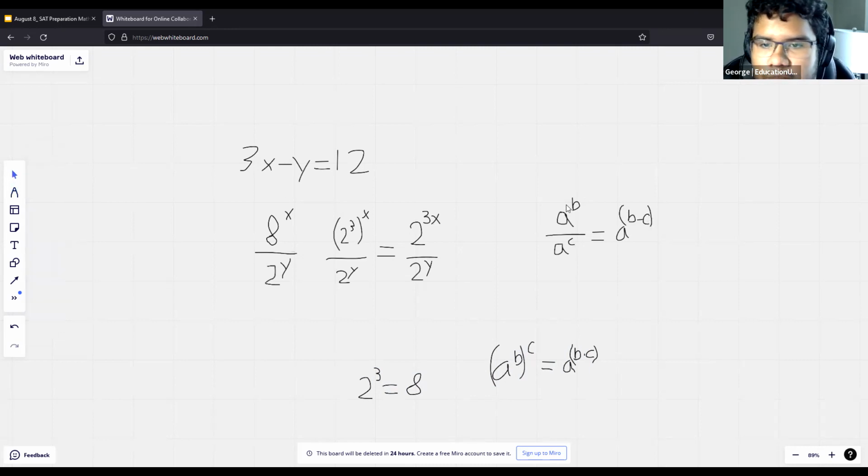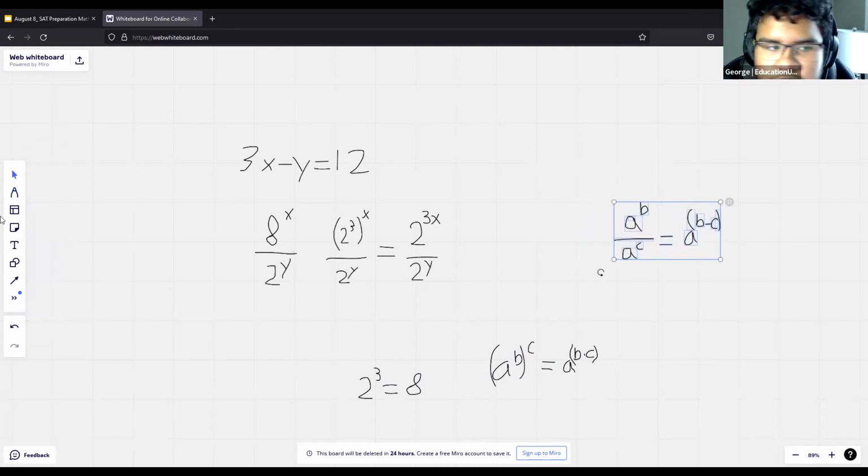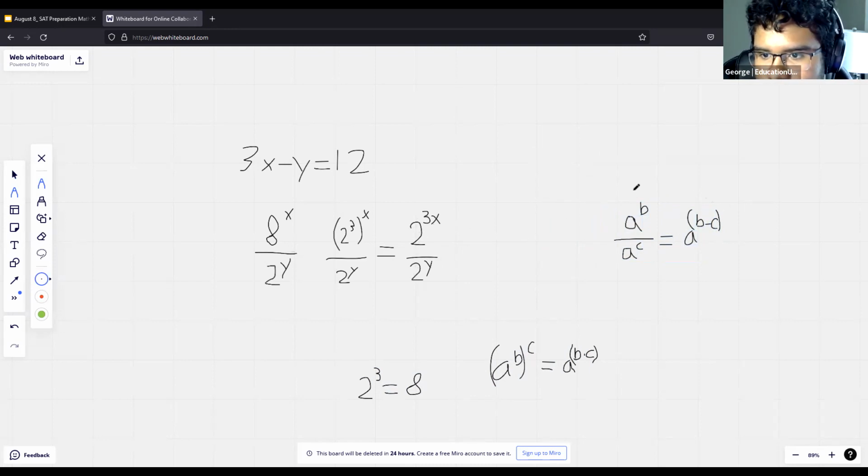With this property in mind, we can simplify this equation here, because both the top and bottom half of the fraction have the same base, which means we can apply this rule. So this ends up becoming 2 to the power of 3x minus y.